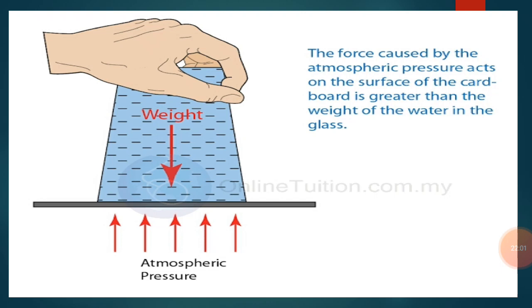So this activity also shows that the atmospheric pressure acting on the card in the upward direction is much greater than the pressure exerted by the liquid filled in the glass tumbler, and due to this the atmospheric pressure holds the card in position and the water in the glass tumbler does not fall.